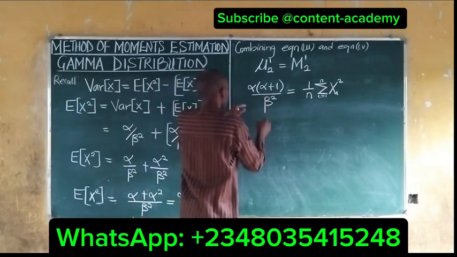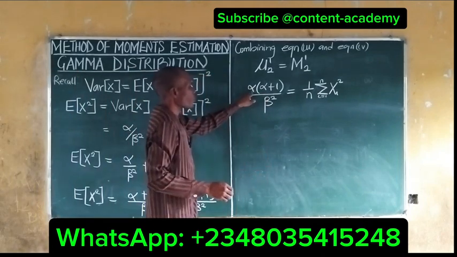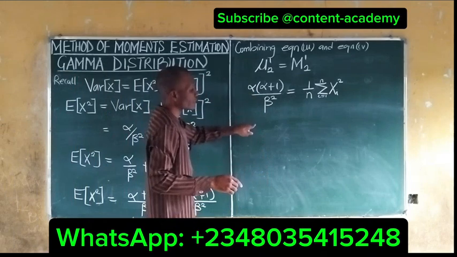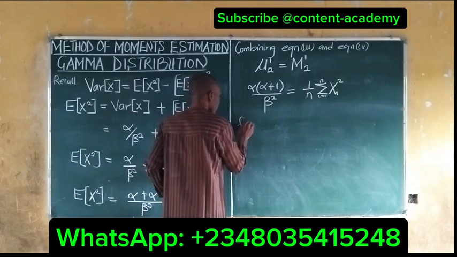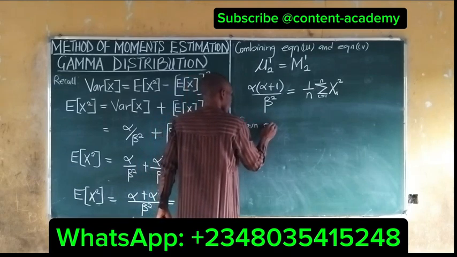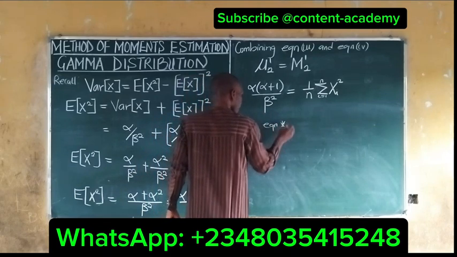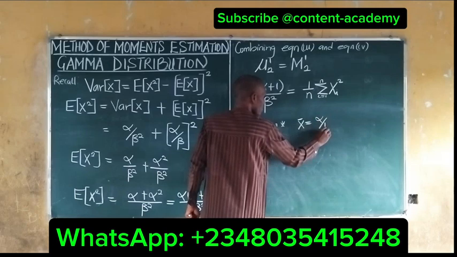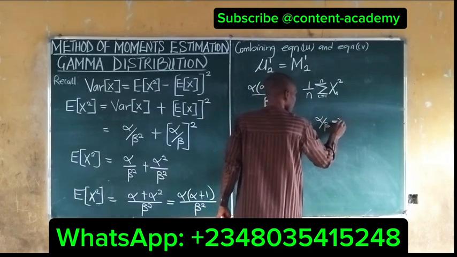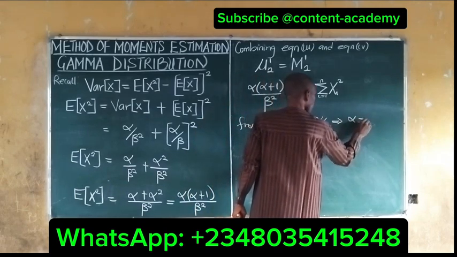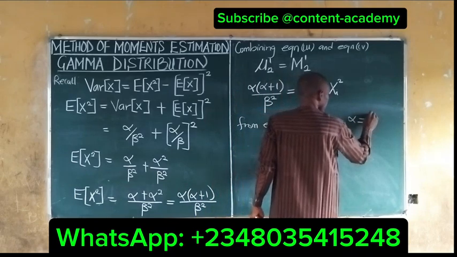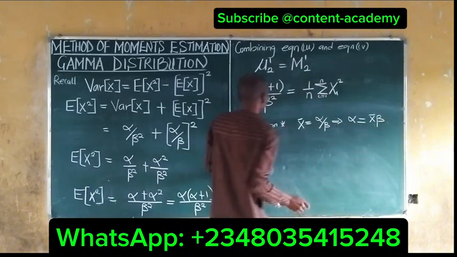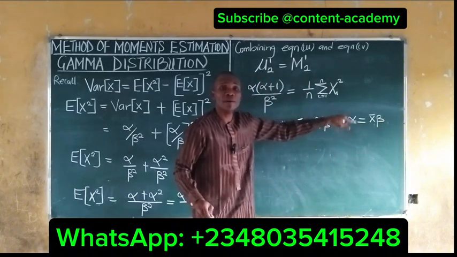So what do we do here now? Of course, we note that from our equation star, we have that x bar is equal to alpha all over beta. It then implies that alpha is equal to x bar beta. So anywhere we see alpha, we'll put x bar beta.